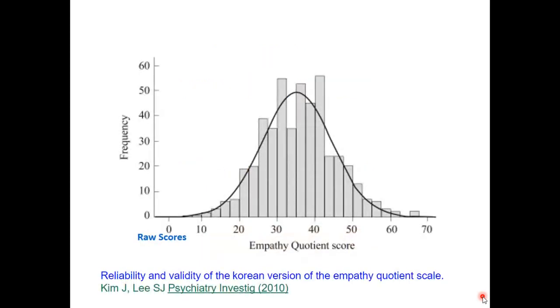Okay, now I want you to try it out for yourselves. This histogram shows the distribution of student scores on a questionnaire called the Empathy Quotient Scale. And this graph comes from the article whose name is given at the bottom of the slide.